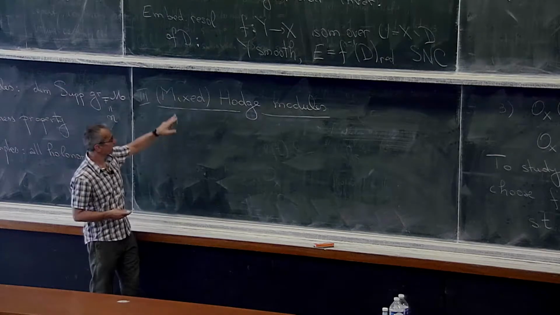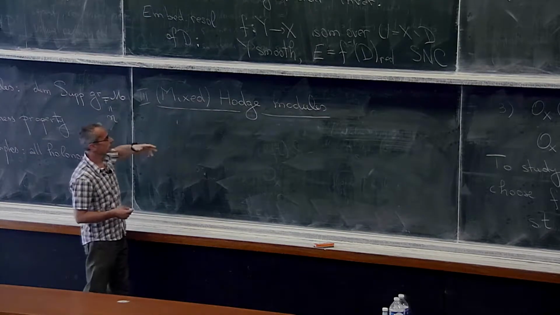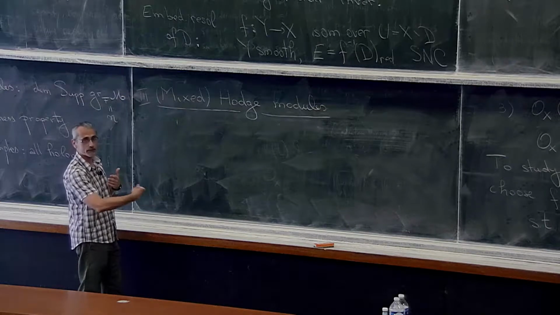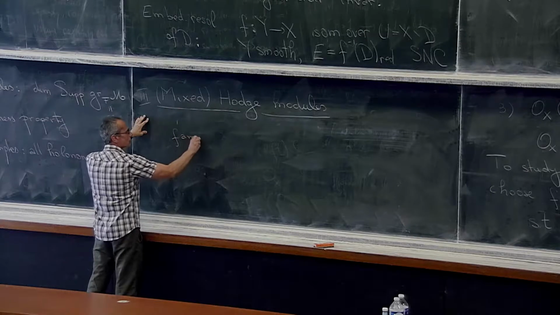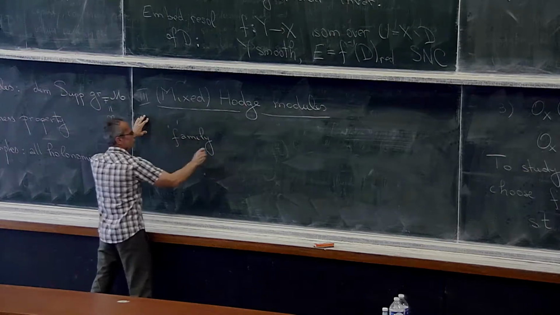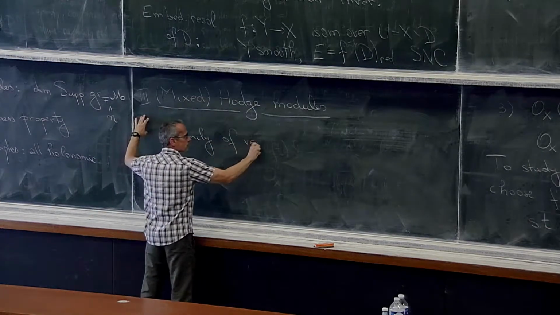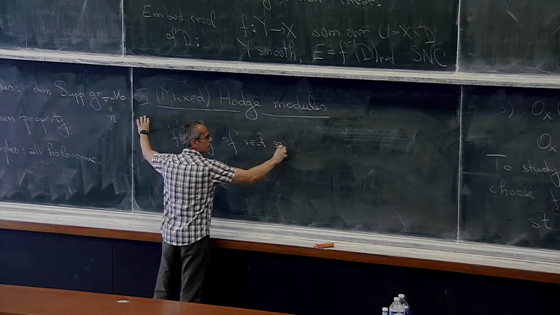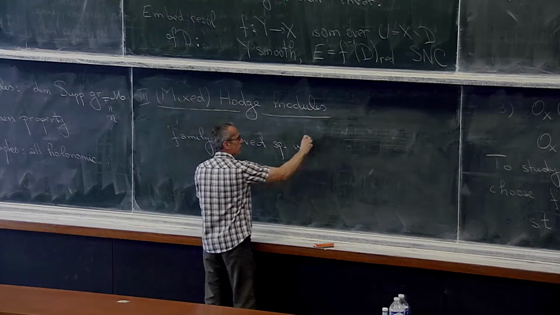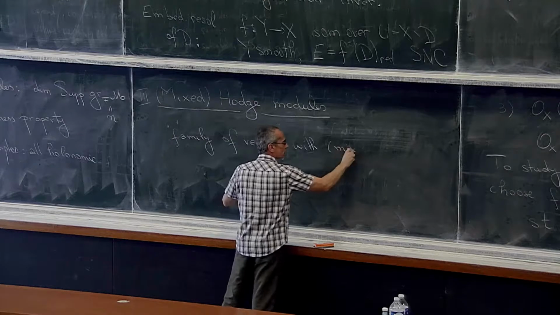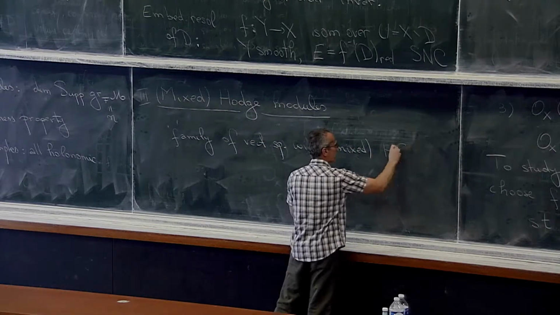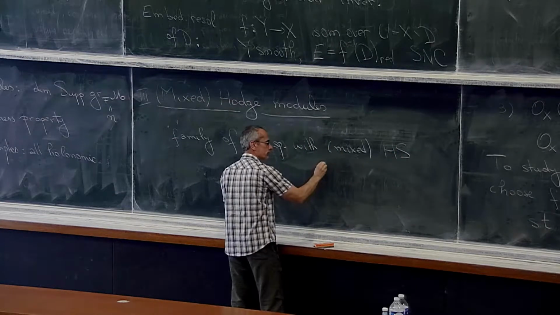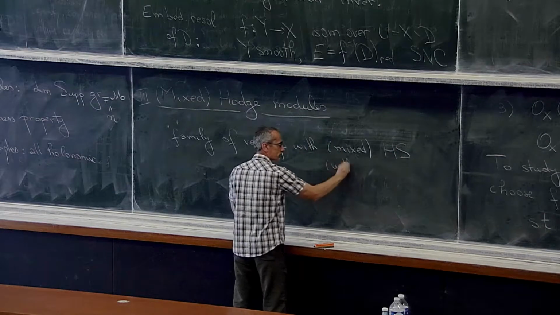So in the same way, you can think of the Hodge module as a family of vector spaces with Hodge structures, depending on whether you are in the mixed or non-mixed case. But of course, with singularities. So that's very important.